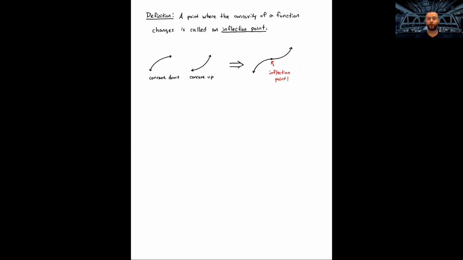If you take the right endpoint of the concave down part and connect it with the left endpoint of the concave up shape, you get this nice curvy graph. Right in the middle there is where the concavity changes from concave down to concave up. That's what an inflection point looks like.